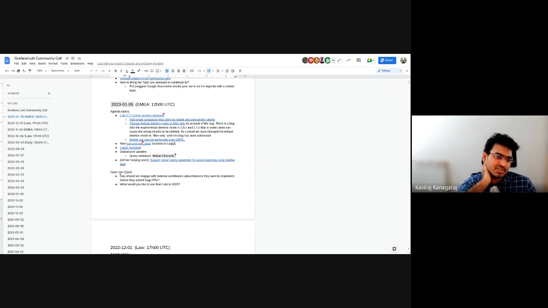The deletion mode has been reverted to filter only as the default, because there is a bug which sometimes deletes the wrong chunks. We don't have the fix for it yet, so the default behavior is filter only till the bug is fixed.